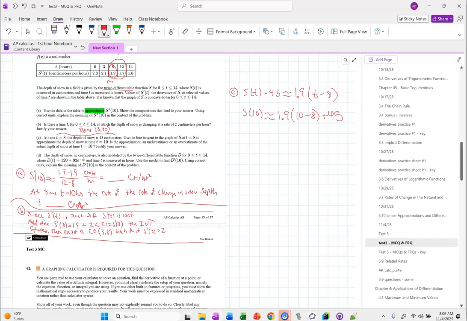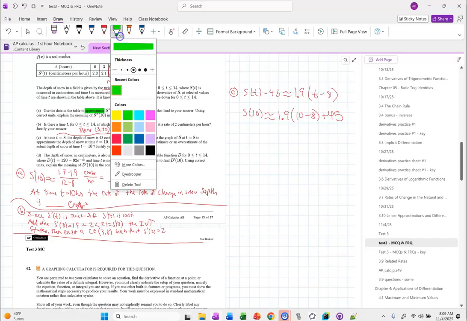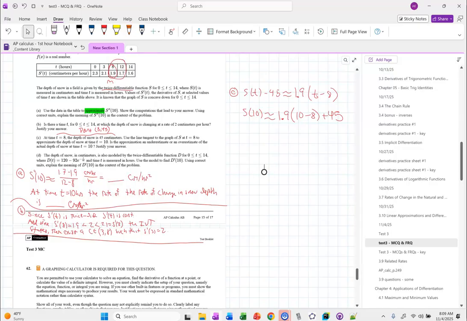So far, so good. How are we going to determine if this is an overestimate or underestimate? Because we don't know anything about the actual value of S of t. So looking at a graph is going to be the idea. You're right, Adrian. But we don't know anything about what the graph of S of 10 is going to look like.